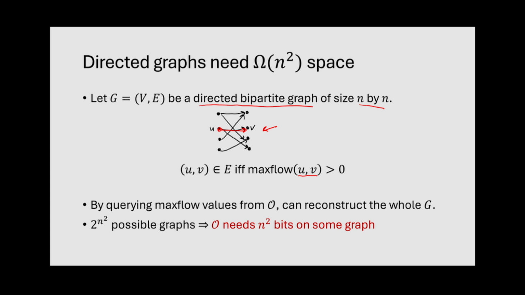So if you query the max flow value for all pairs, you can reconstruct the whole graph G. There are 2 to the n squared such graphs, so one of them must require n squared space. Okay, so that's simple.